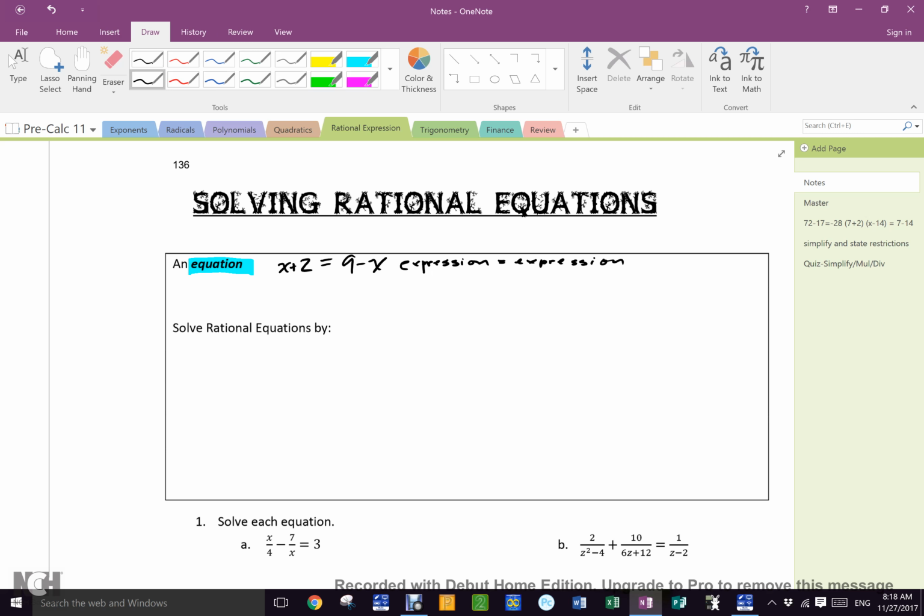So yes, we are going to find x. What that means is we are going to isolate the variable in order to assign it a value.